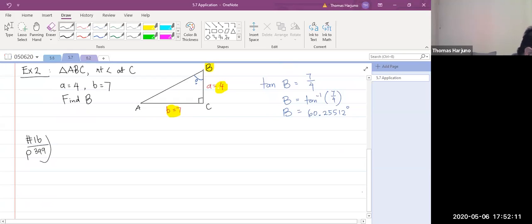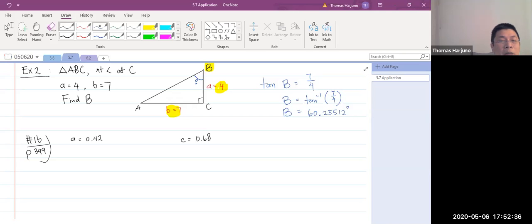On page 399, they say that side A is 0.42. Side B, I'm sorry, side C is 0.68. And the question is find the remaining parts.